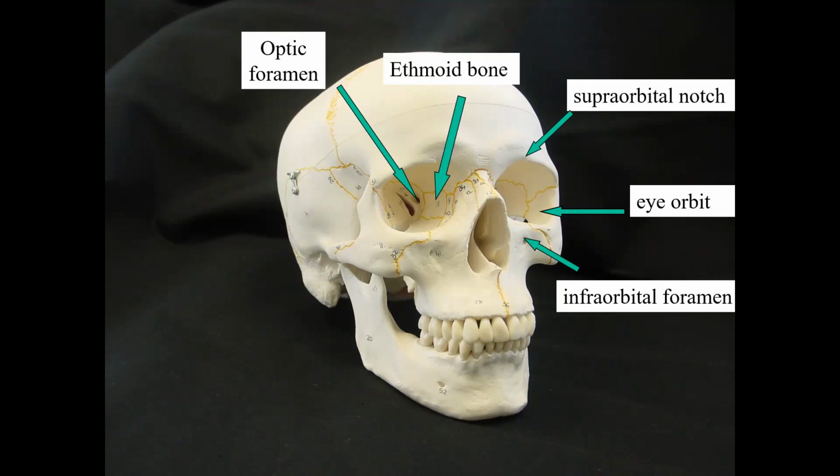It also extends all the way down to the base of the nasal cavity and up into the cranial cavity. So it forms part of the floor of the cranial cavity and part of the floor of the nasal cavity. It's an irregular shaped bone, fairly large, not the largest that we see in here, but a fairly large bone.